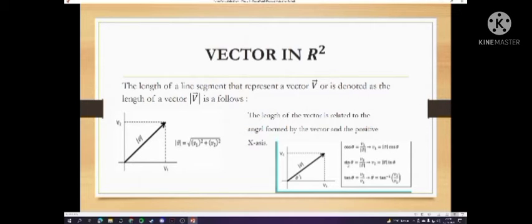And when you search sin theta equals v2 over absolute value v, becomes v2 equals absolute value v sin theta. And when you search tan theta equals v2 over v1, becomes theta equals tan minus 1 in the bracket v2 over v1.